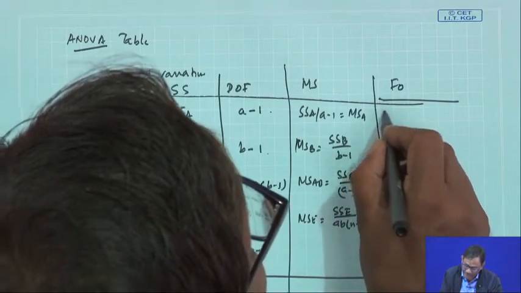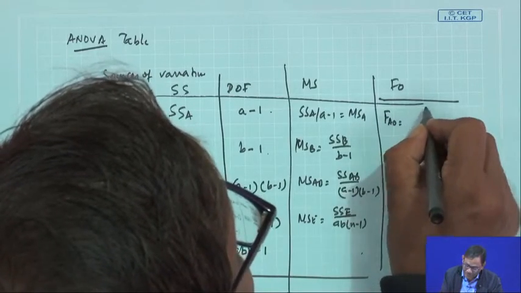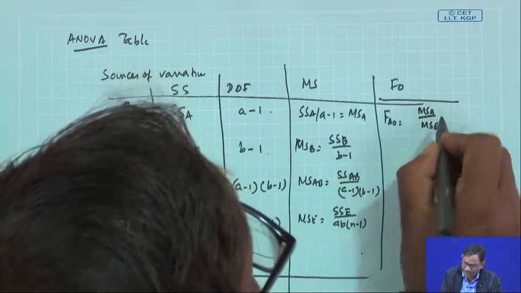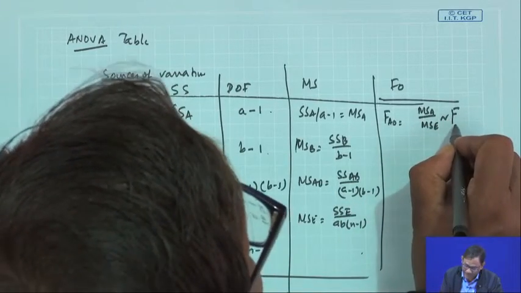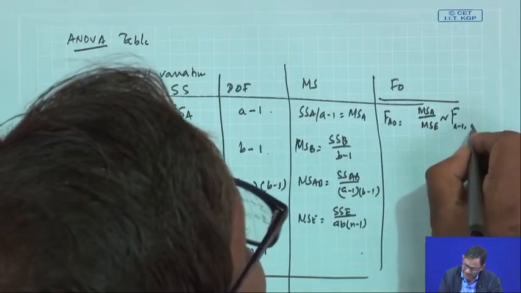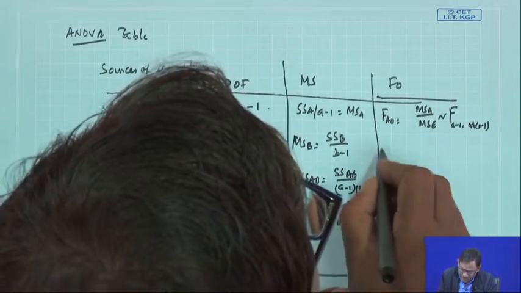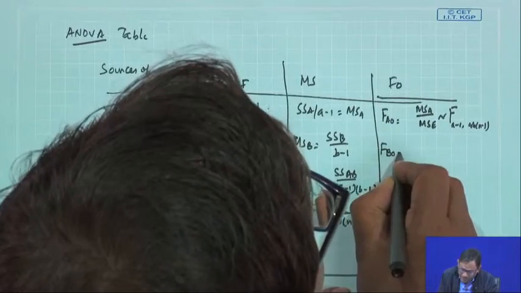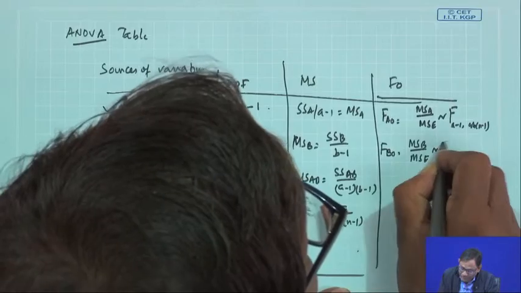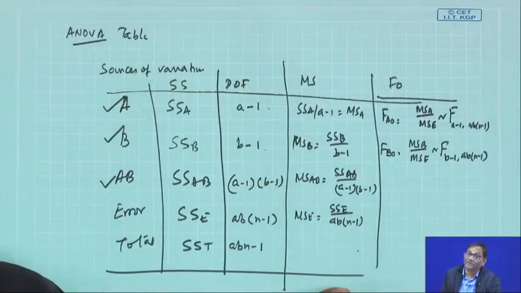So FA0 will be MSA by MSE, which follows an F distribution with a minus 1 and ab into n minus 1 degrees of freedom. Similarly, FB0 will be MSB by MSE, following F with b minus 1 and ab into n minus 1.